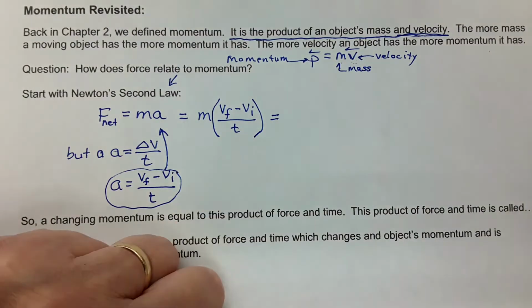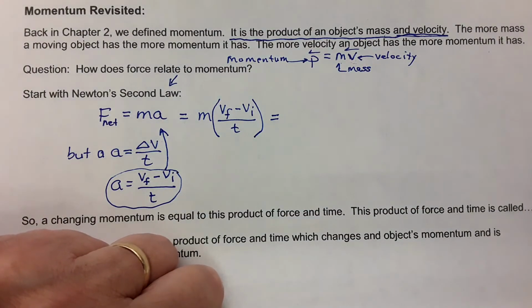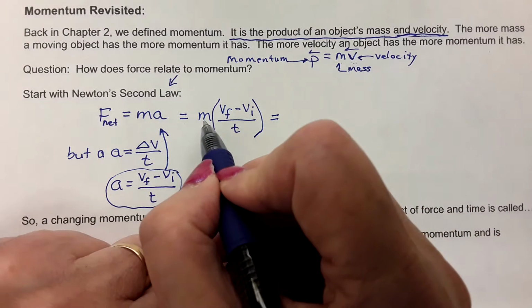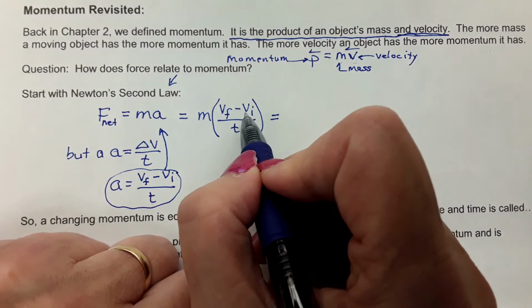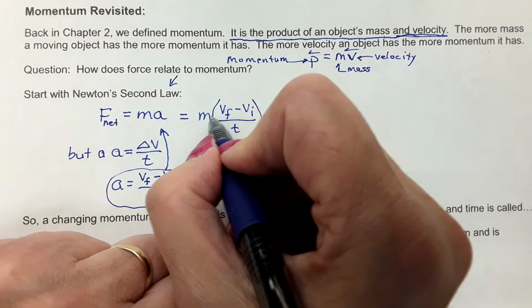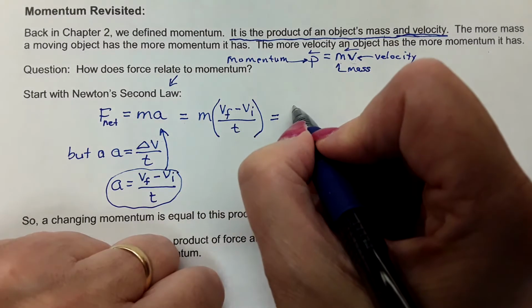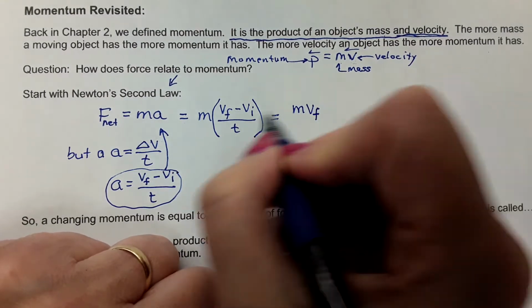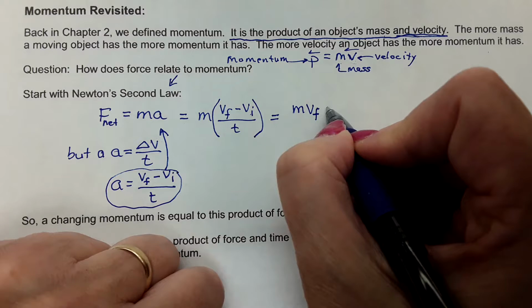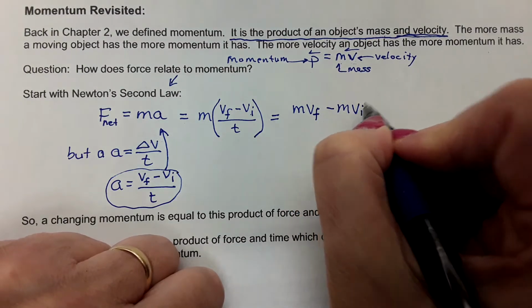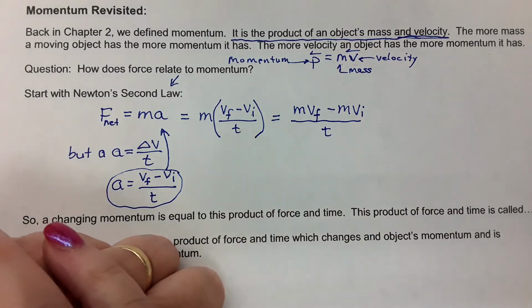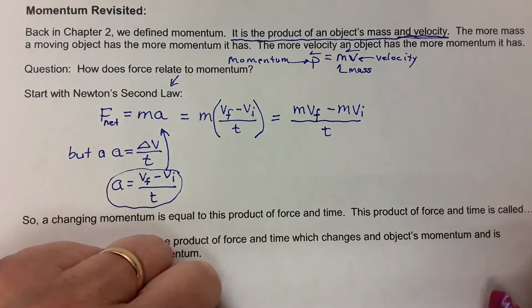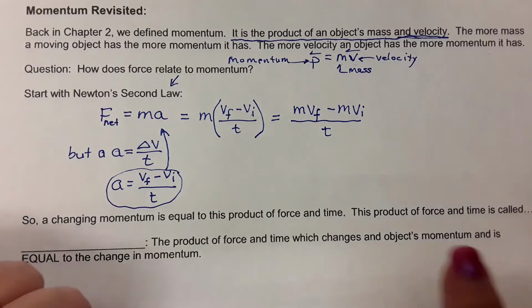Now we're going to do a neat little trick called distribution. If you haven't heard it before, it's simple. The m is in the top, and it's multiplying this difference in the top. So what we can do is go in and say m times VF minus m times VI. There we go. We distributed the m through the top, and the t is still on the bottom. All right? So here's what we're going to do to get rid of the t.